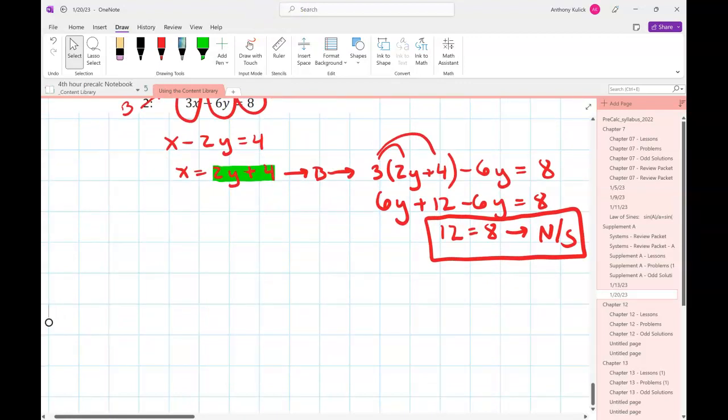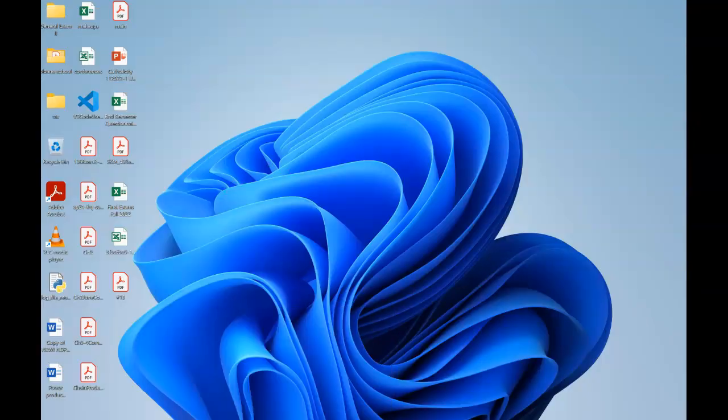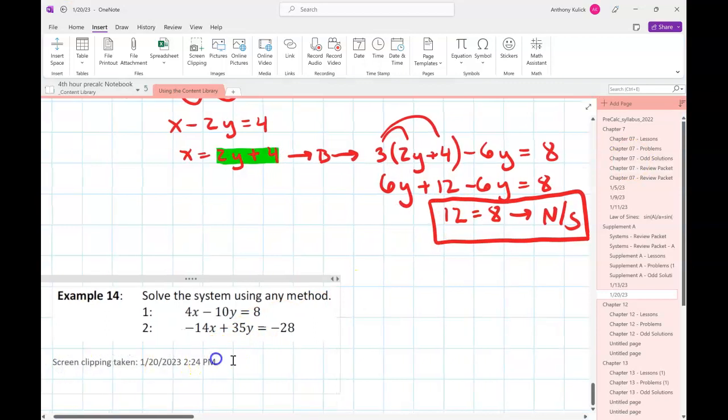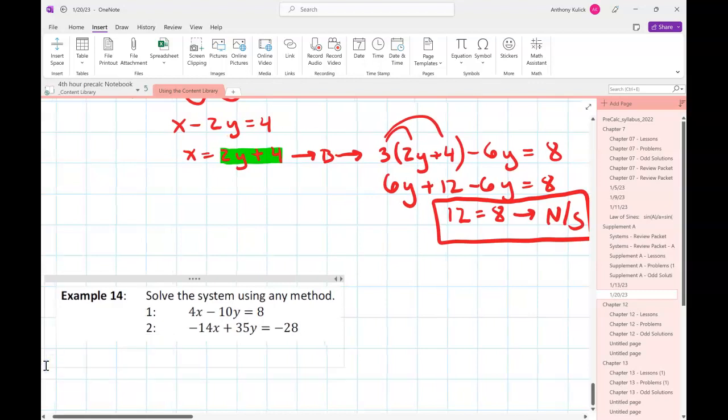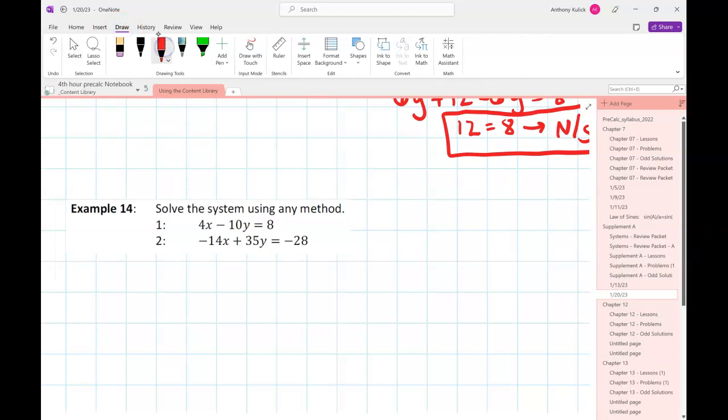All right, one more two-variable problem, and then we'll move on to the next section. Again, it says use any method. So let's start with substitution.